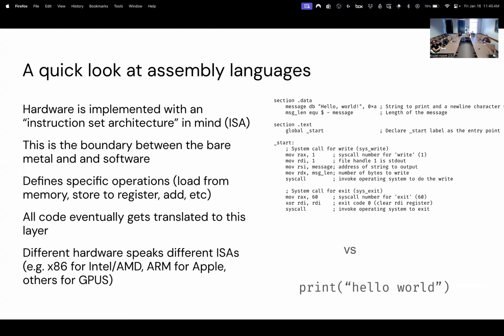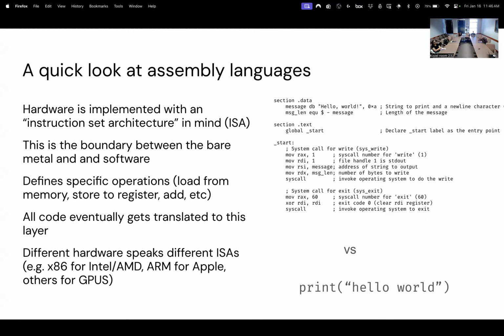Okay, we're going to switch focus real quick. Now we're talking about how you get from a thing that just does transistor signals, ones and zeros, to what we do, which is mostly Python, maybe Fortran or whatever. The hardware is constructed, it's not totally agnostic. They design circuits around the idea of an instruction set architecture.